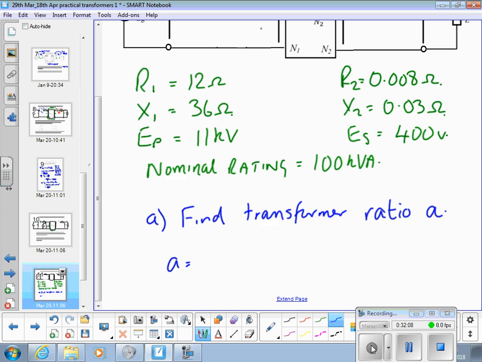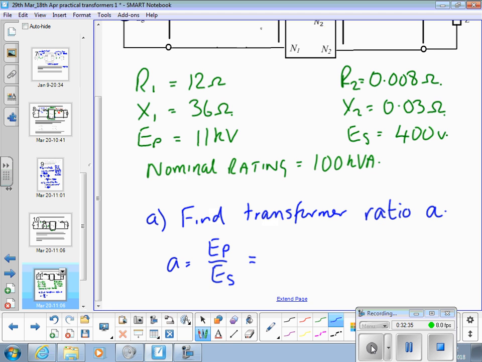A is usually N1 over N2, so if we're going to use the voltages, it must be E1 over E2, mustn't it? Same way up. Remember that ideal transformer equation. So A, in this case, is E primary over E secondary.